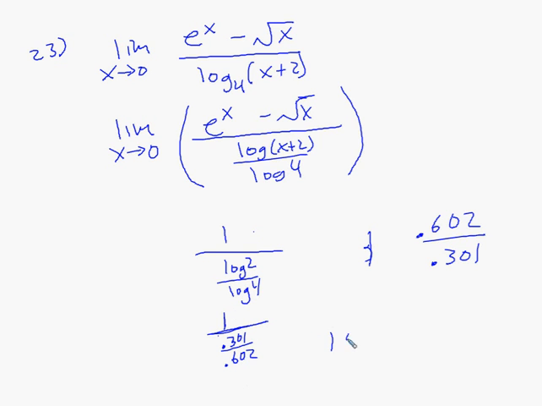Or if you don't understand that, 1 divided by the quantity 0.301 divided by 0.602. And all we did here is we replaced the x with 0. That's all we've done. So that limit is 2. Yeah, I think that's good.